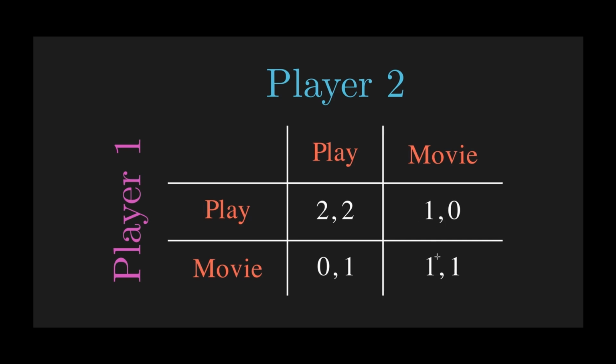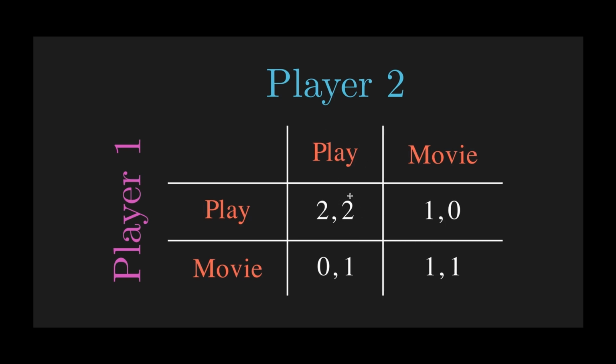If I go to the movie alone, it doesn't do anything for me. I don't really enjoy the movies. But if I go with my date, then that's extra nice. So I'm happy going to the movies with my date, but I don't really like going to the movies by myself. And then for player 2, if player 2 is going to the play, that's really nice for them.